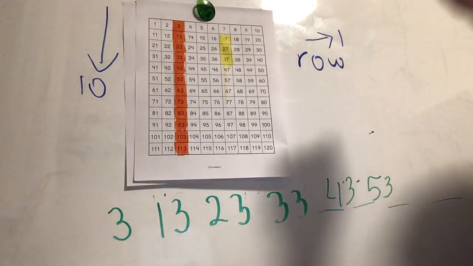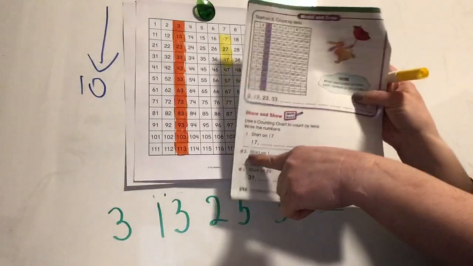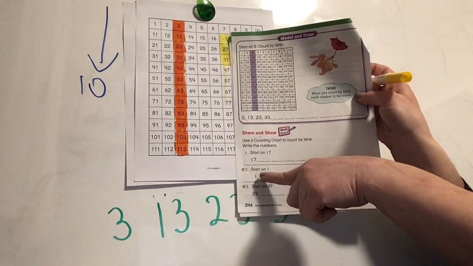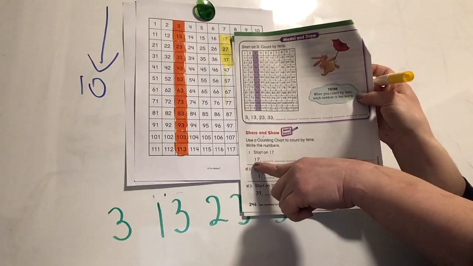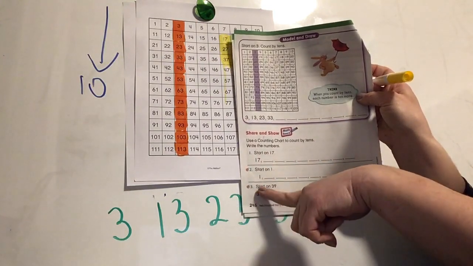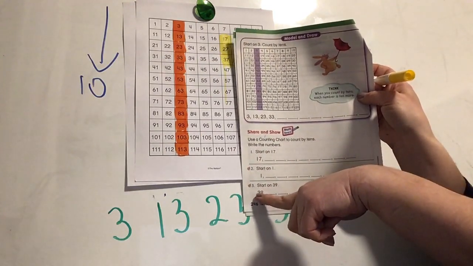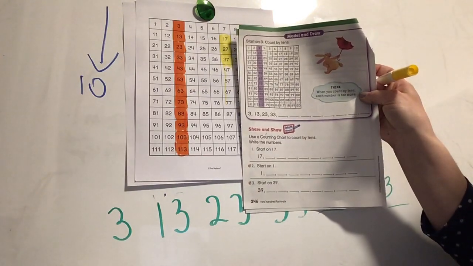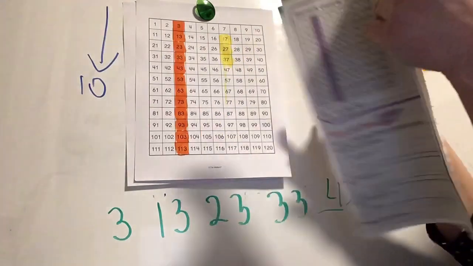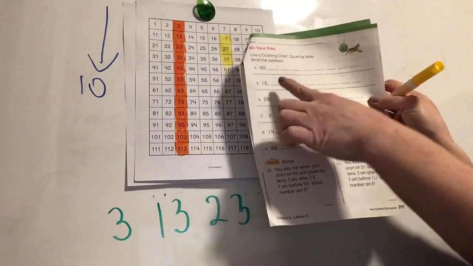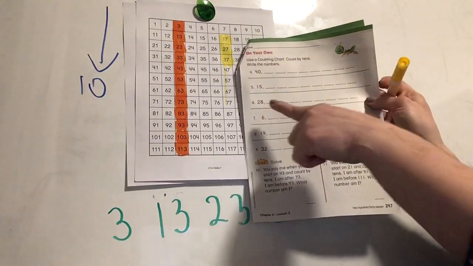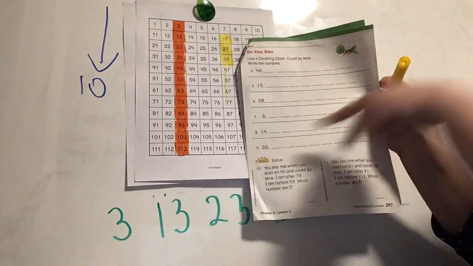Okay? So fill in the blanks, use the chart, and each task will tell you where to start. So in number 1, you start at 17. Number 2, start on 39. In number 3, and go down. Count by 10. Do not count by 1. On the next page, same thing. You have starting at 40, 15, 28, 6, 14, 32.